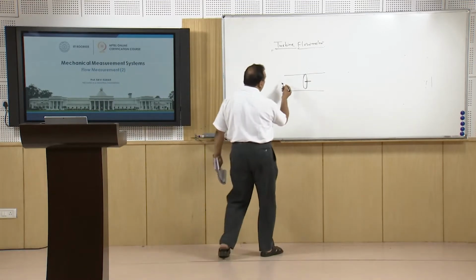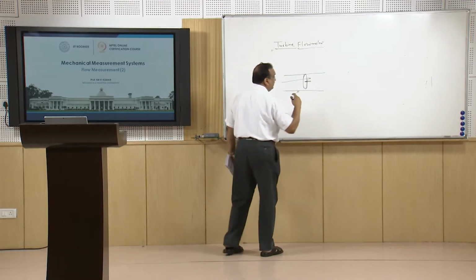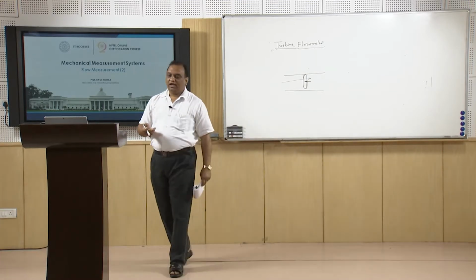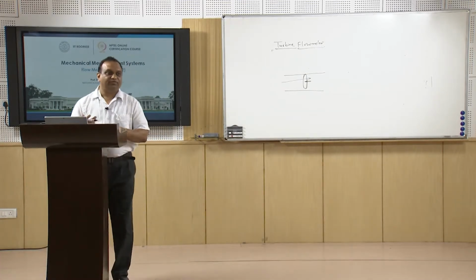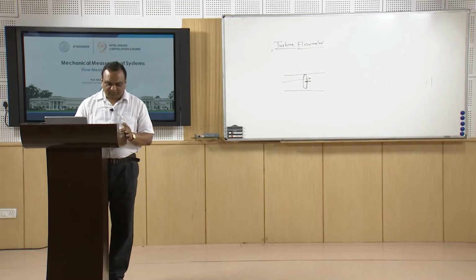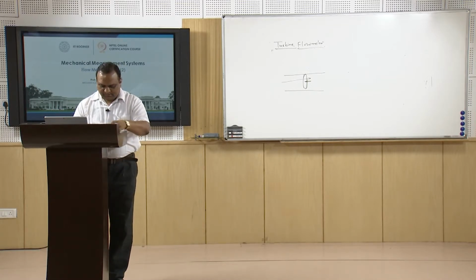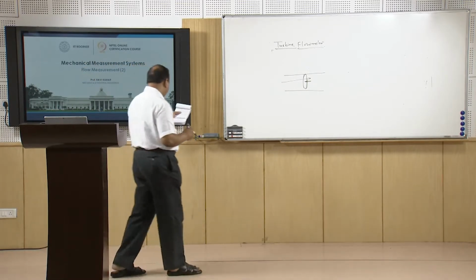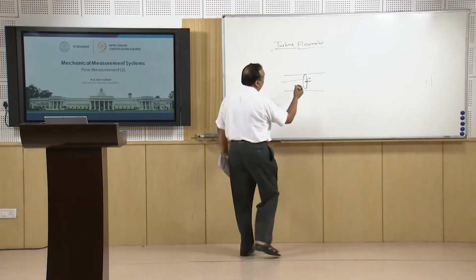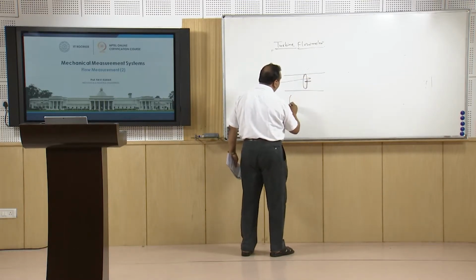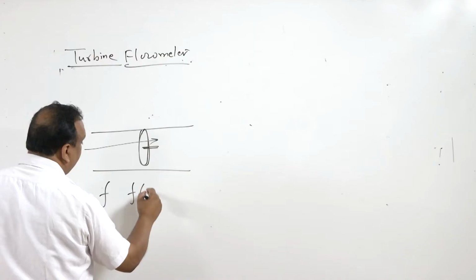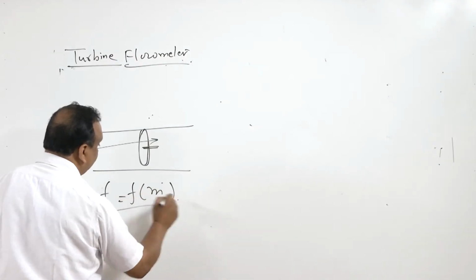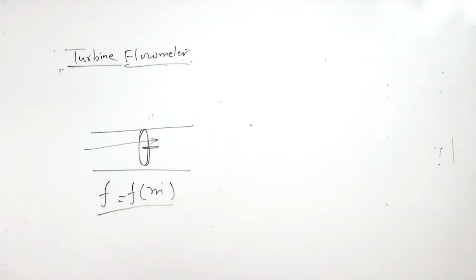When the fluid flows over this turbine, it starts rotating. The higher the velocity of the fluid, the higher the RPM of the disc, right? The RPM of the disc, or the frequency of the rotation, can be related with the mass flow rate of the fluid.